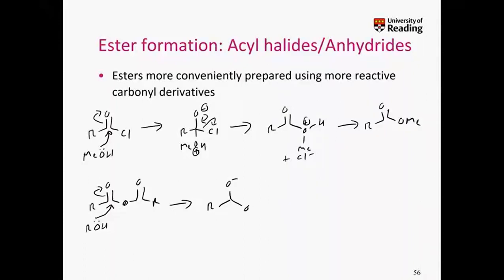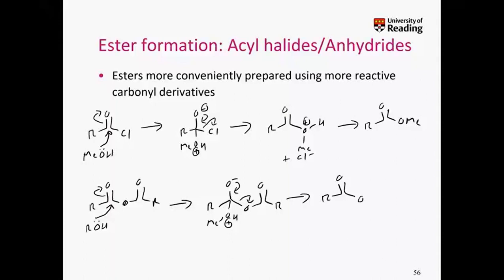one of, and it doesn't matter which one, but one of the carbonyl groups reacts. We have our OMe, and then we can reform the carbonyl carbon and kick out this group as the leaving group. We'll have a look at that leaving group in a minute.